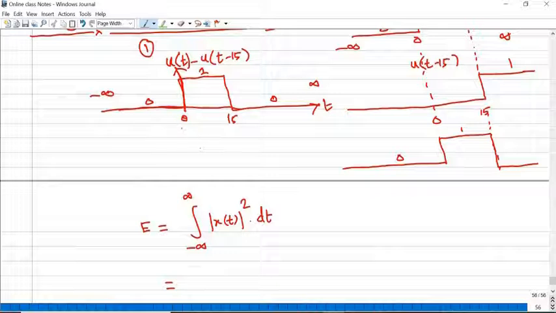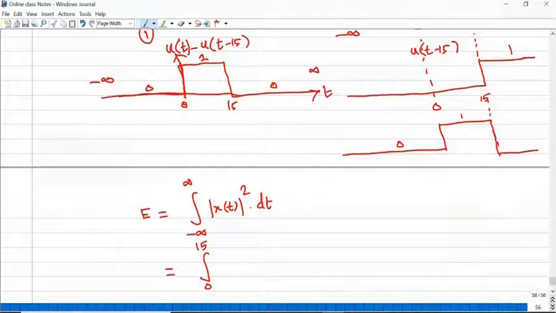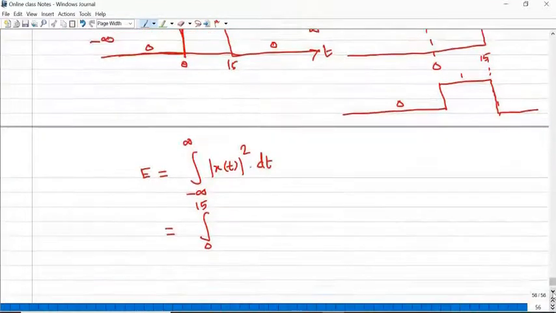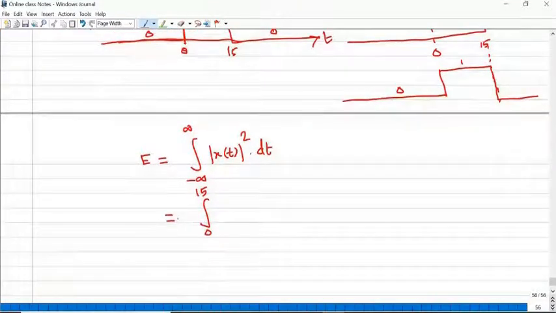For this particular signal, your integration is valid from 0 to 15 only. From minus infinite to 0, the magnitude of the signal is 0. From 15 to plus infinite, the magnitude of the signal is 0. So you have to change the integration limit to 0 to 15.